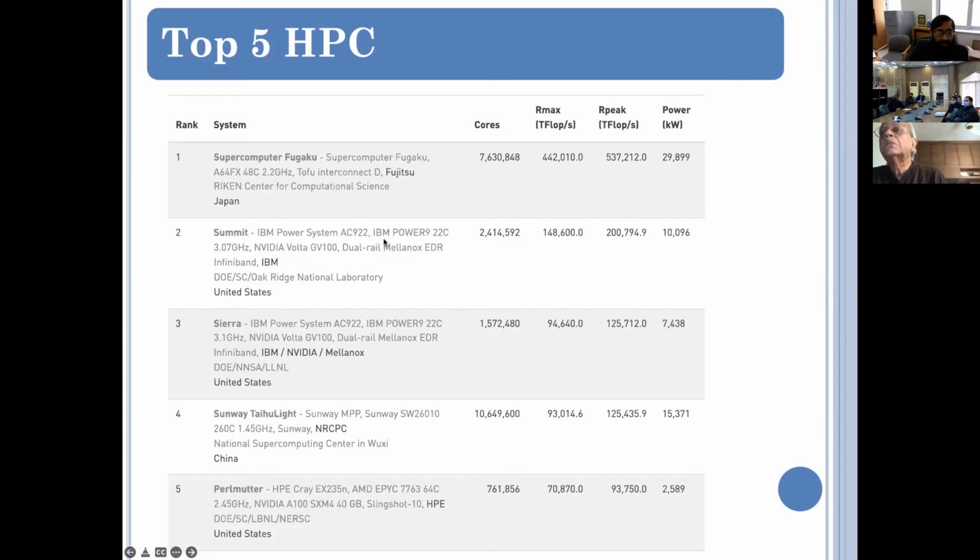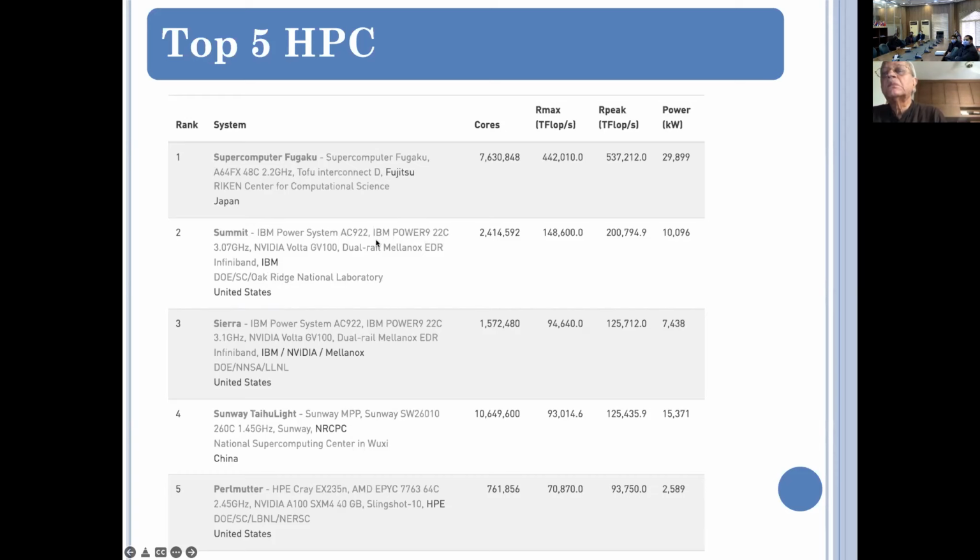It is using IBM Power 9 processor, that is 22 core, and it is accelerated using NVIDIA Volta GV100 GPU. The third one is Sunway Taihu Light, that is in China, developed by National Supercomputing Center in Wuxi, China. And the fifth one is in United States.